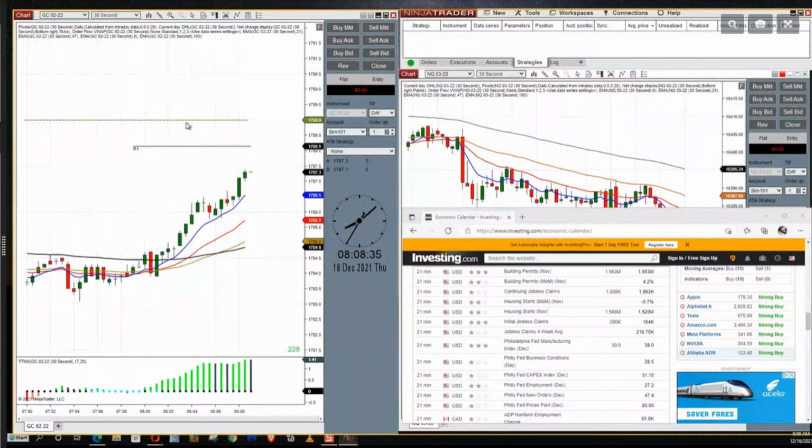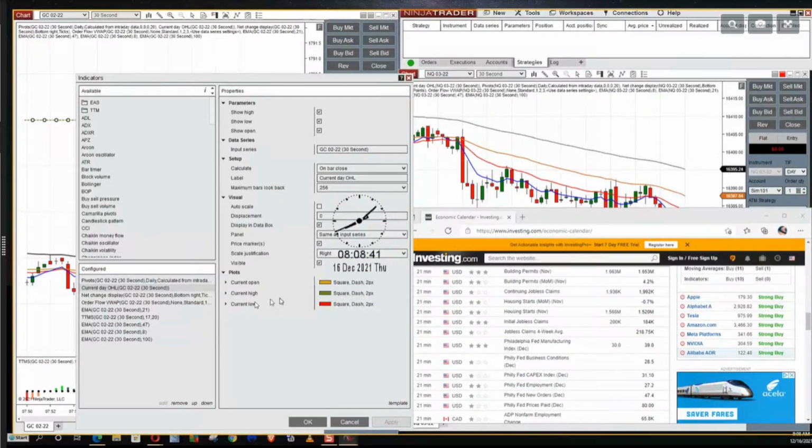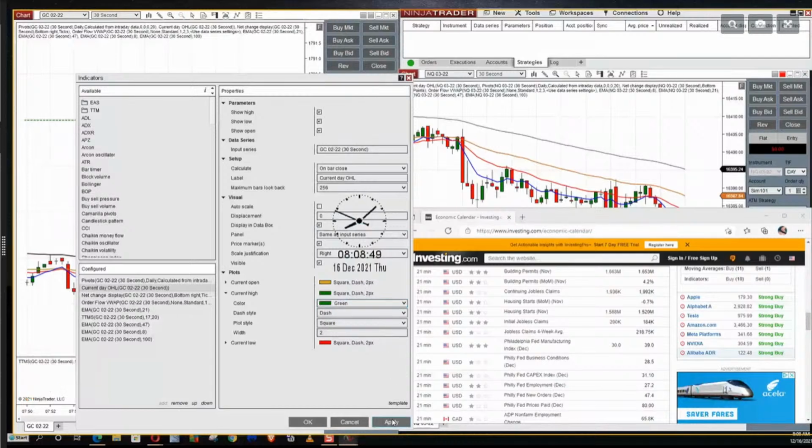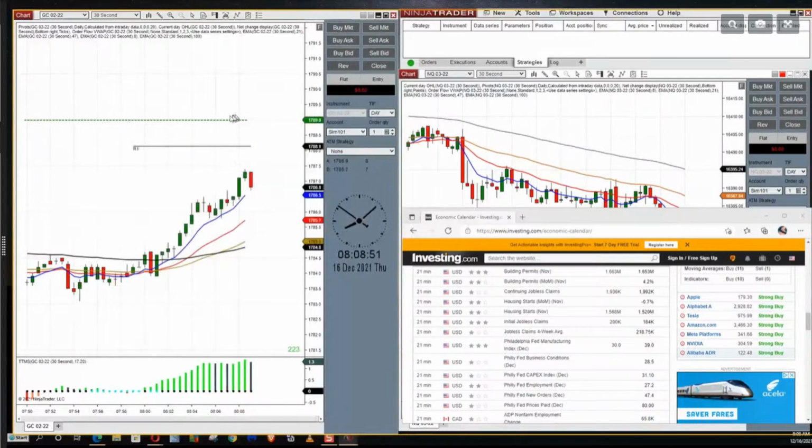Let me get a good color here. Forgive me, hang on. Let me get a nice dark green. That should do it. That's the high of the day. I think it's a magnet to gold, and it's going to pull gold into it at some point.